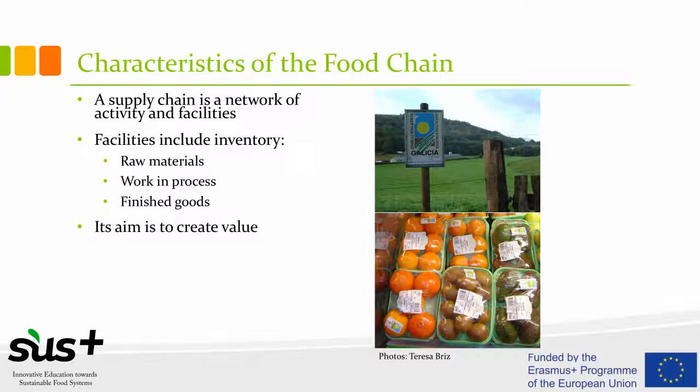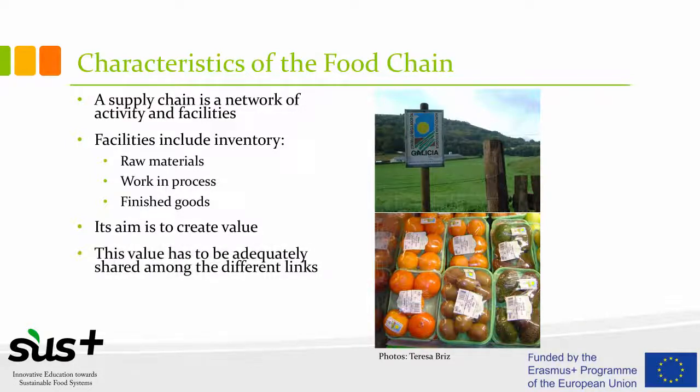The aim of the food chain is to create value and to have an equal share of value among the different links. This value has to be adequately divided along the chain, so all links get a fair value of their inputs and work.